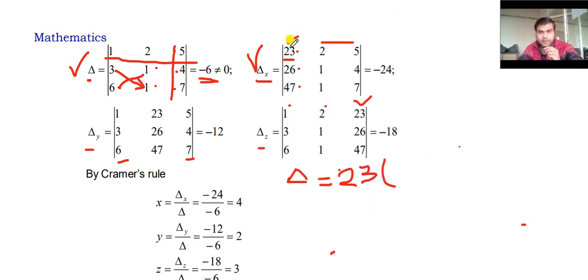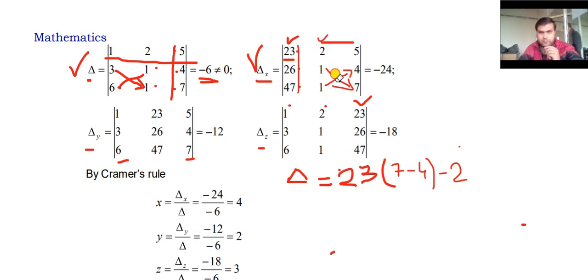And we have to hide this row and this column. So what is remaining? 1 1 and 4 7. We have to cross multiply it. 1 into 7, 7, minus 1 into 4, that is 4. Then we write minus and this 2.